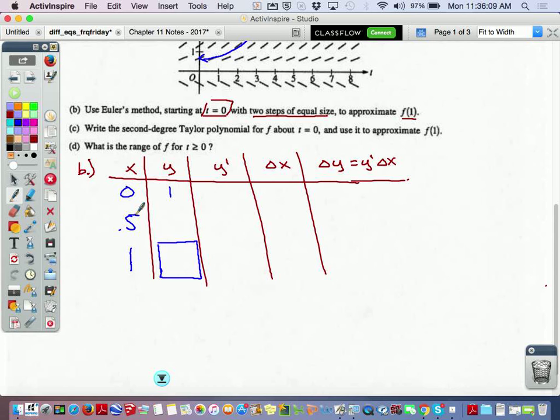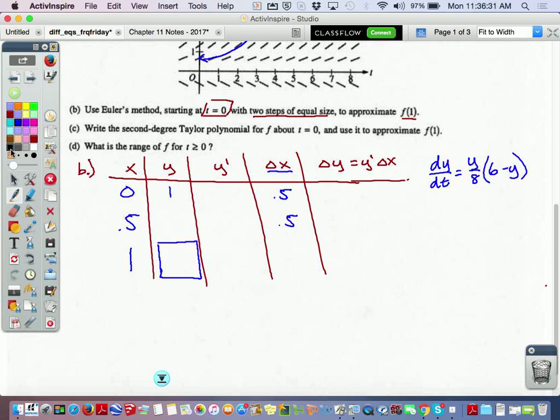That tells me that my step size, delta x, should be 0.5 in both of these spots. So this is really our starting information. And I'm also going to write over here again, dy dt equals y over 8 times 6 minus y.